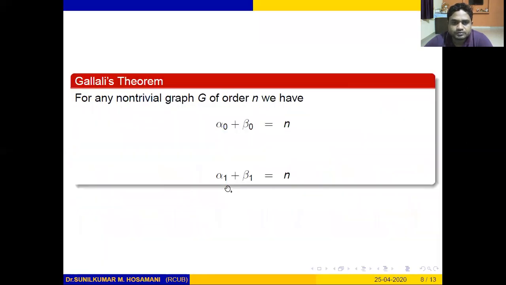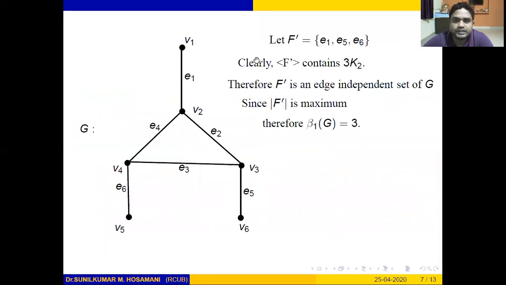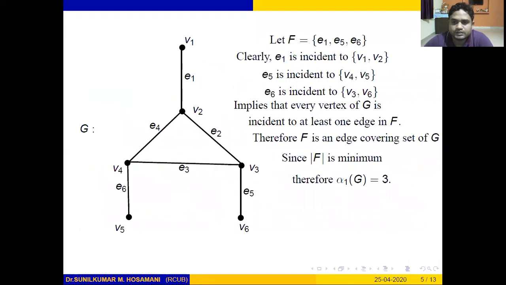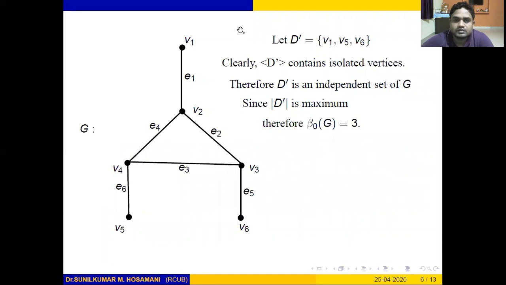Now look at this graph here. V1, V6 and V5 is a maximal independent set here, and its complement is V2, V3 and V4. According to that proposition, V2, V3 and V4 is a covering set.